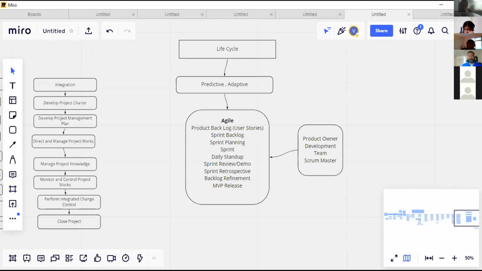Now, this was a very good description that Vinay gave. Guys, many people think that for the PMP exam, you need to know a lot of Agile. I strongly disagree.